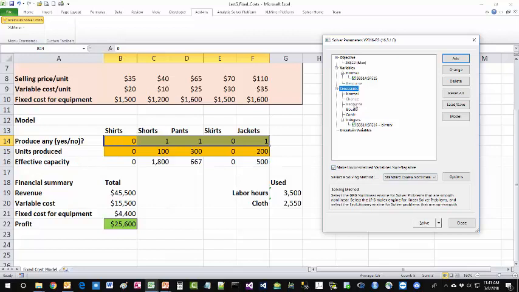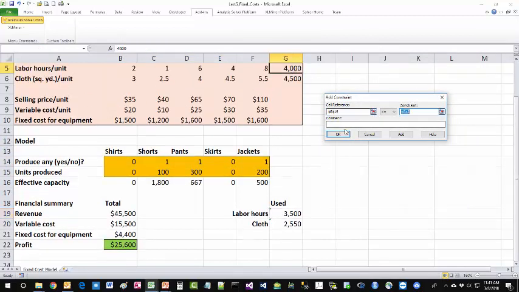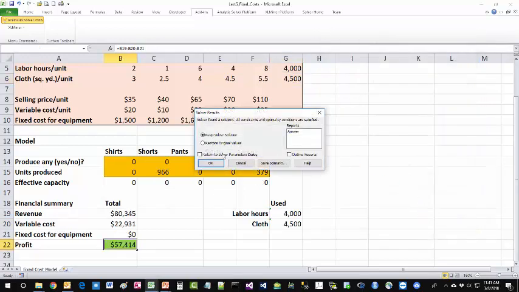The normal constraints are the standard labor and material constraints: labor amount used is less than available, and the material used is less than available. And that LP model should do it.